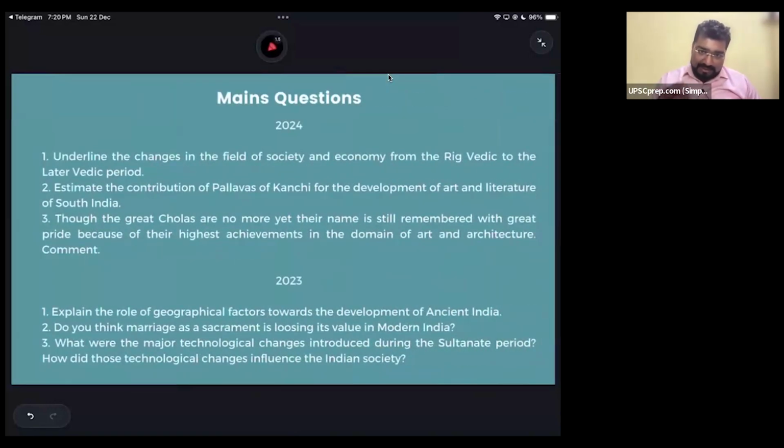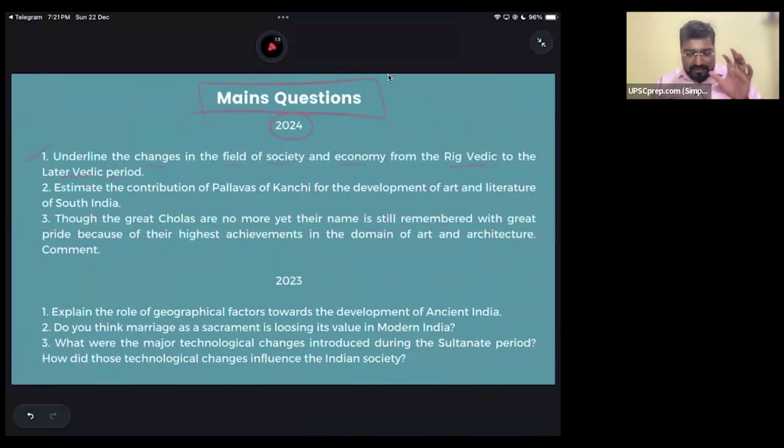Let me show you over here. Mains questions from 2024. There are 3 questions over here. First, underline the changes in the field of society and economy from Rig Vedic to later Vedic period.